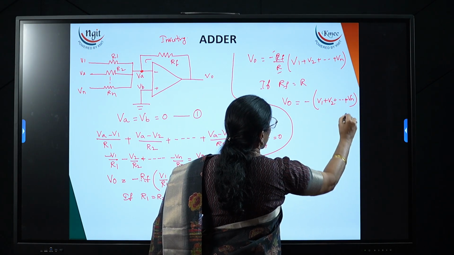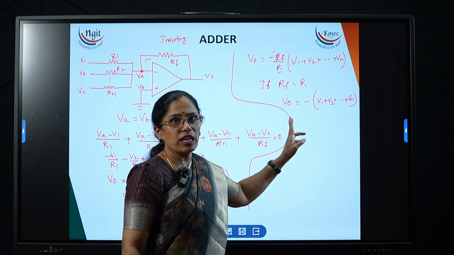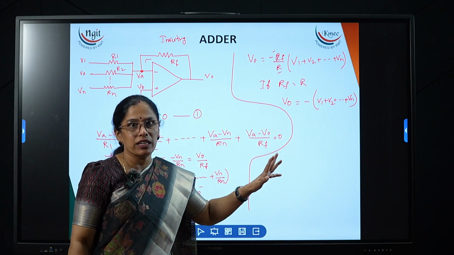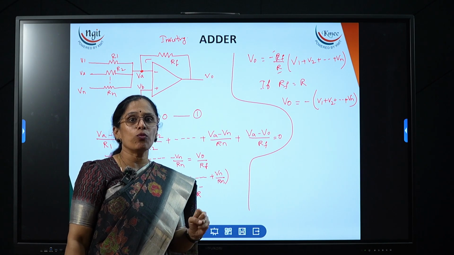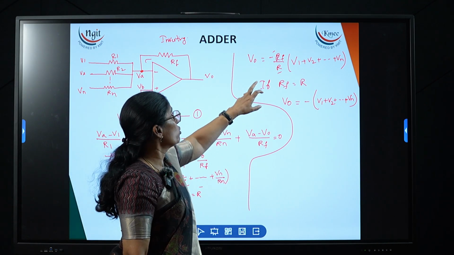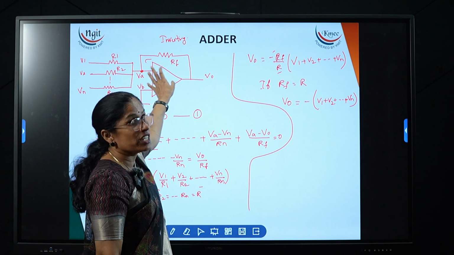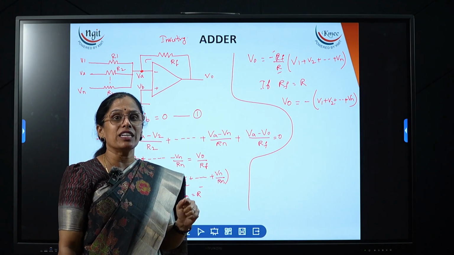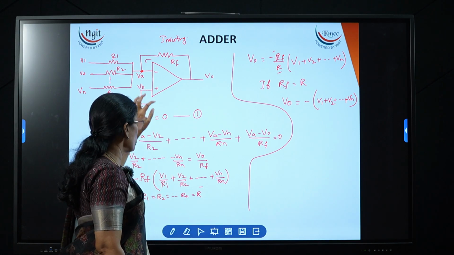What is the meaning of this? Gain is unity. So amplification is not done here, only the signals are added. Along with the addition, if you want gain, then you have to choose Rf and R values differently.